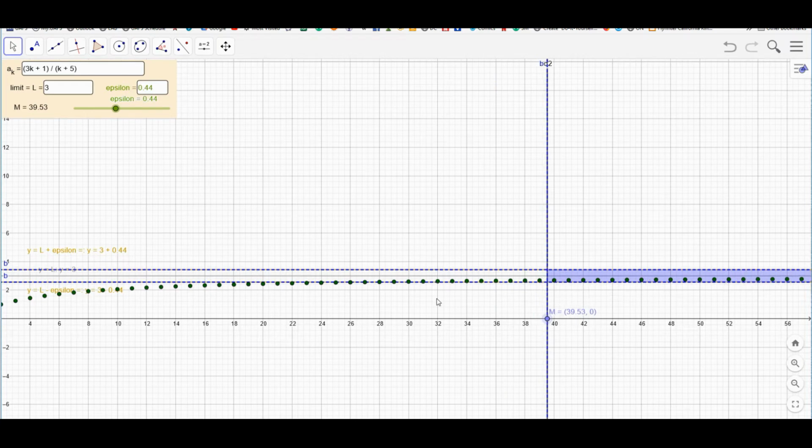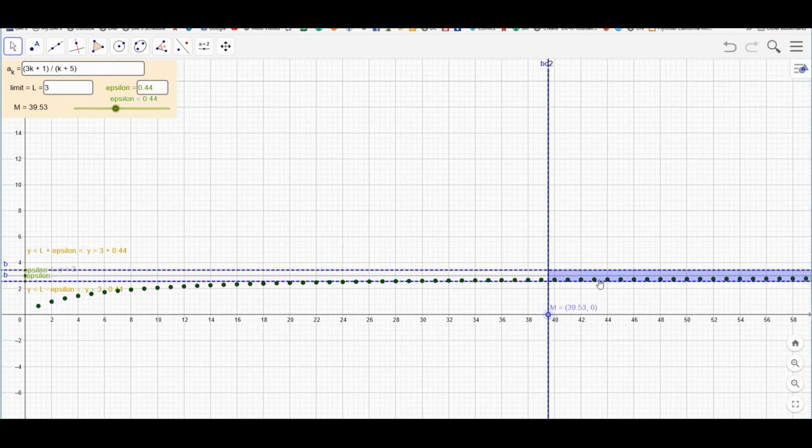We could go further and further out to the right. If we take smaller and smaller epsilons, we just go further and further out to the right for m. And that's what's meant by having a limit there. And of course, these are getting closer and closer to that, kind of like an asymptote.